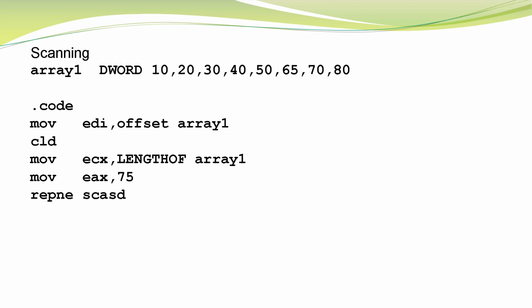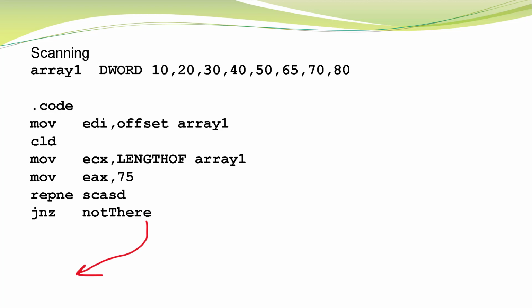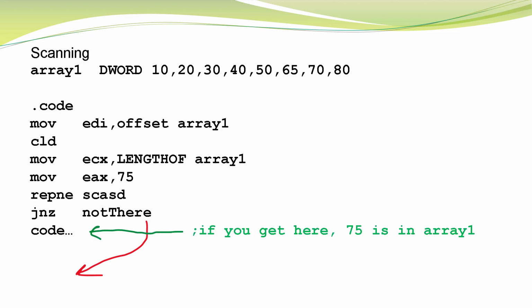Otherwise, no match is found and the loop ends without the 0 flag being set. In other words, it's clear. So this line of code says, if the 0 flag is not set, jump to the code that deals with the no match condition. And if we don't take the jump because the 0 flag was set because of the match, then we execute this code.